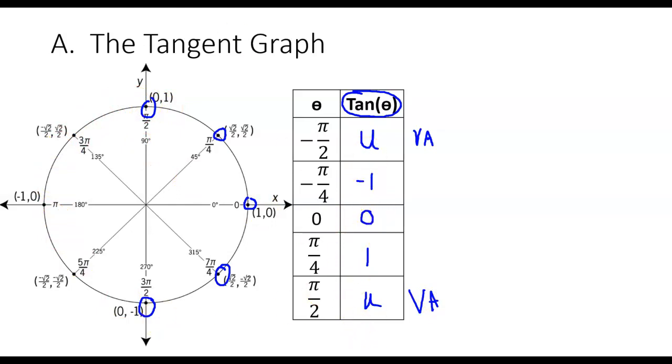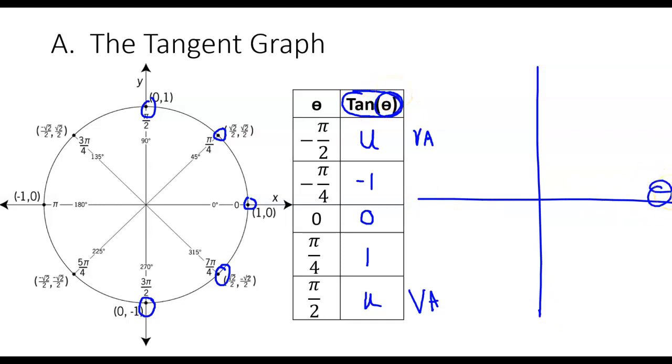And so we can go ahead and graph this. So let me show you guys how to graph this. The number I'm plugging in for is the theta, so that's going to be like my x-axis. And we'll call this the tangent axis, if you will. It's kind of like your y value. So these are the angles that I'm going to put on my x-axis.